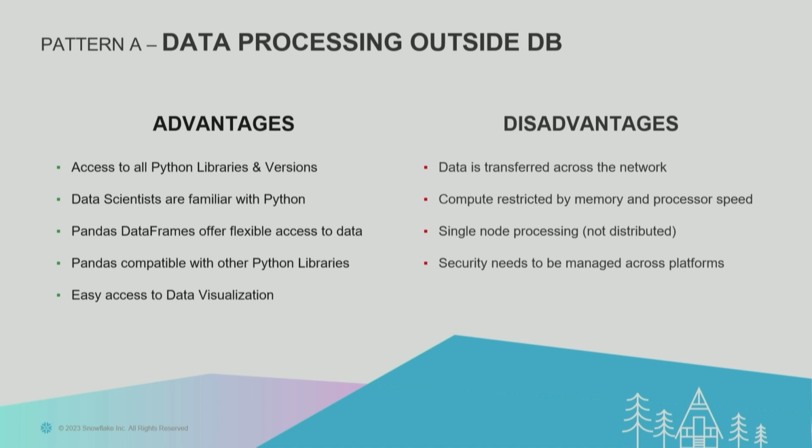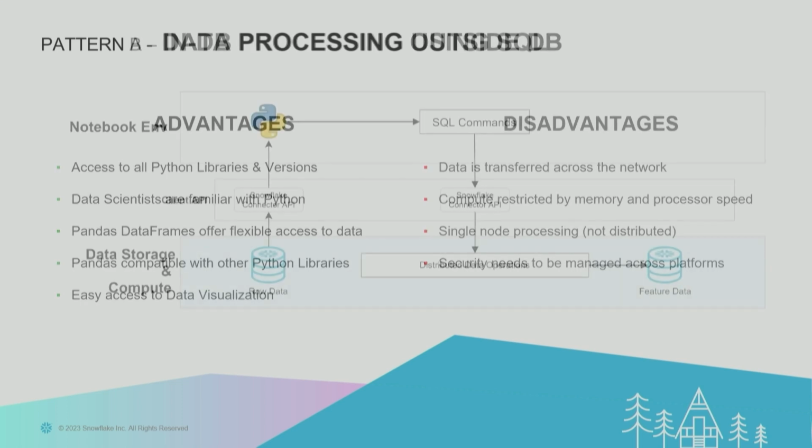We're typically restricted by single node processing in Pandas, and we have to manage security. Our RBAC methods and framework have to come across into our notebook environment. So this pattern is generally for smaller volumes of data that's in use at the moment.